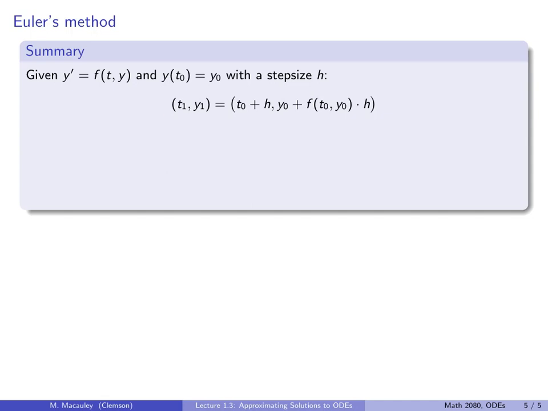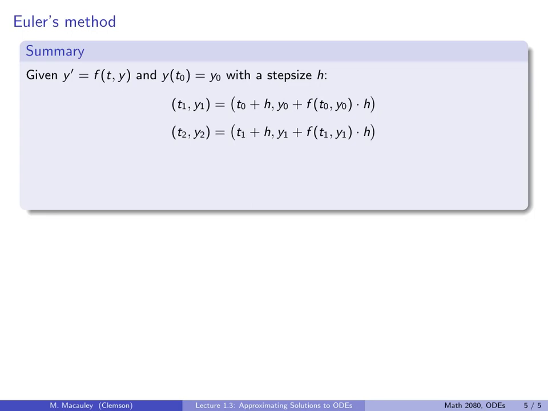Then t1, y1, the next step, is the initial t value plus the step size, which is the change in t. For the change in y, take our original y value and add y prime times the step size.